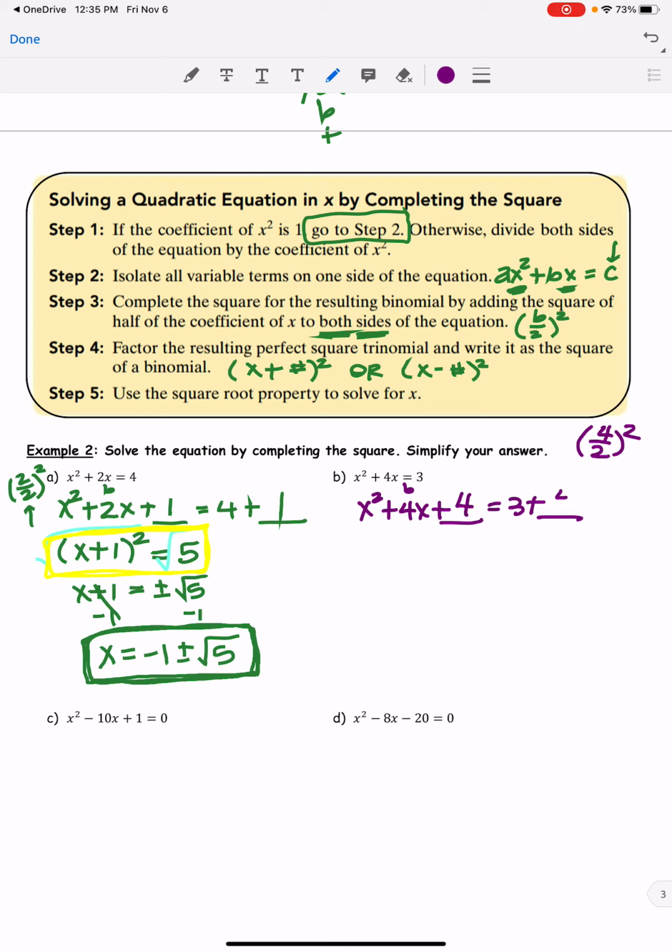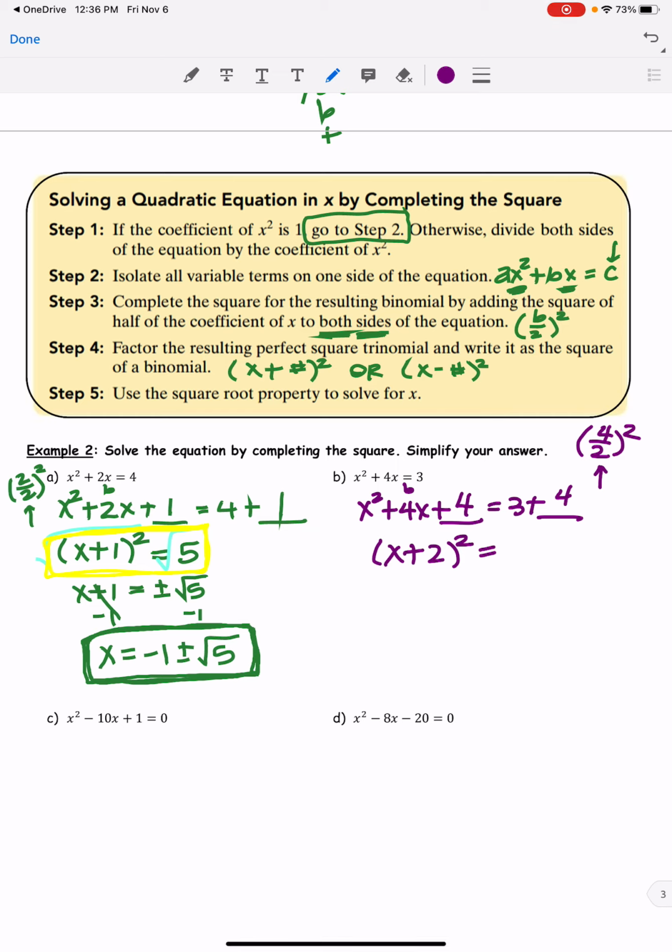So I'm adding in 4 to both sides. So factor the left side, simplify the right side. What does this factor to be? Well, what multiplies to 4 and also adds up to 4? And that's 2. So we got x plus 2 quantity squared. And again, that's what we have right here in parentheses, right? 4 divided by 2.